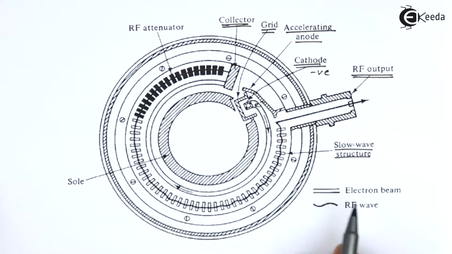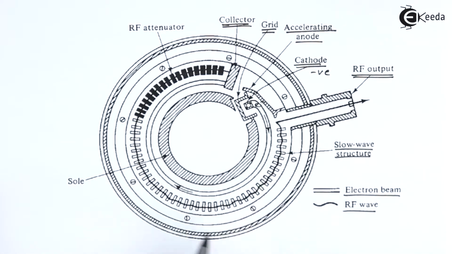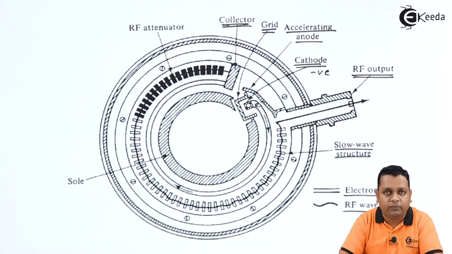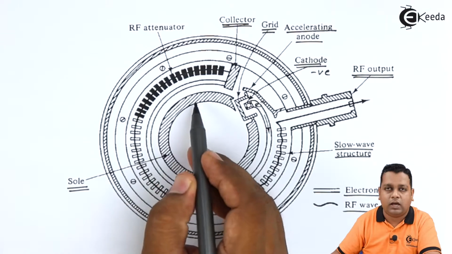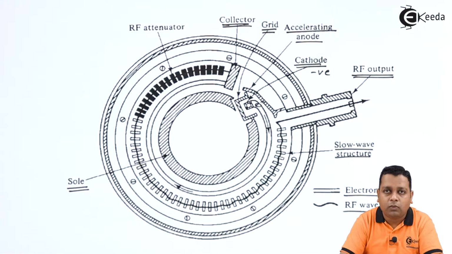Here we can notice the representation of the electron beam and the RF wave inside this diagram. As compared to the earlier configuration, that is the linear carcinotron, the sole terminal also has circular dimension here. So this was all about the two configurations of the carcinotron, the backward wave cross-field oscillator.